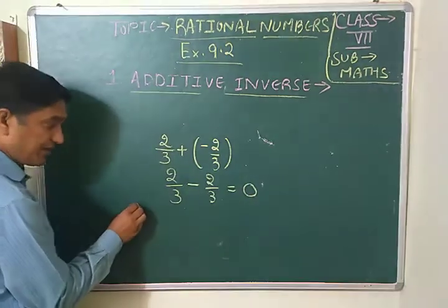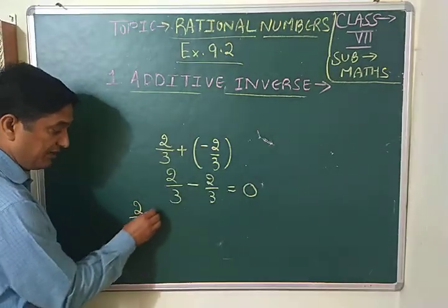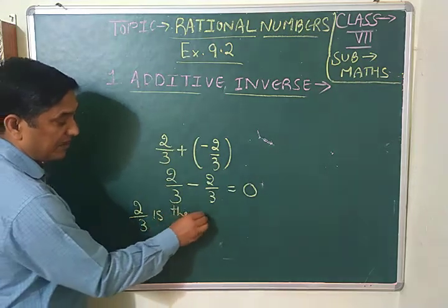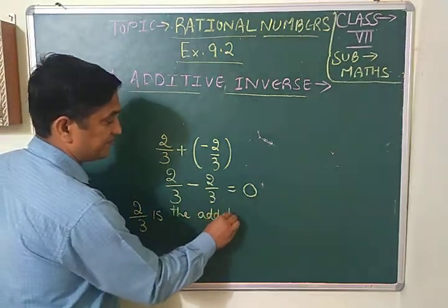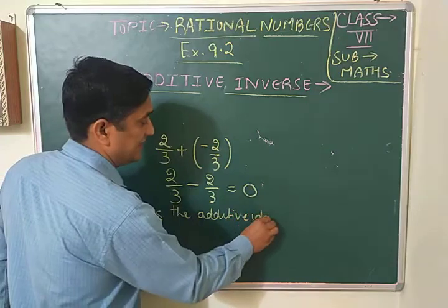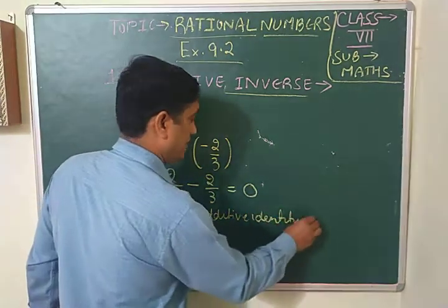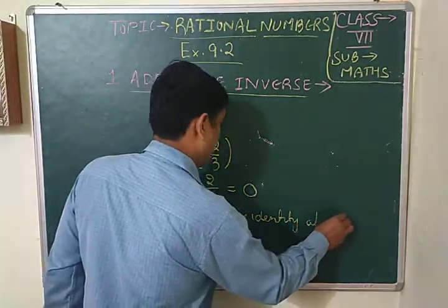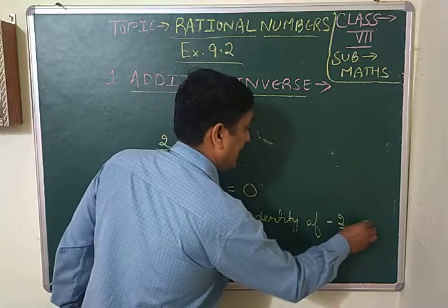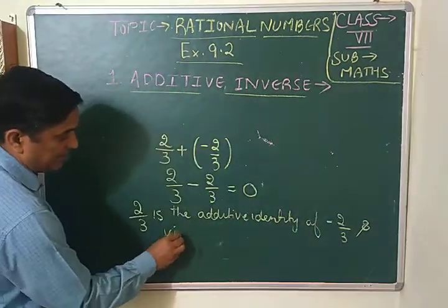It means 2 upon 3 is the additive inverse of minus 2 upon 3 and vice versa.